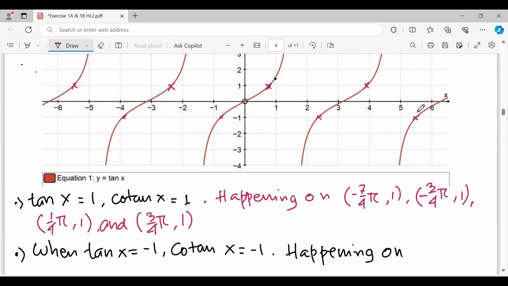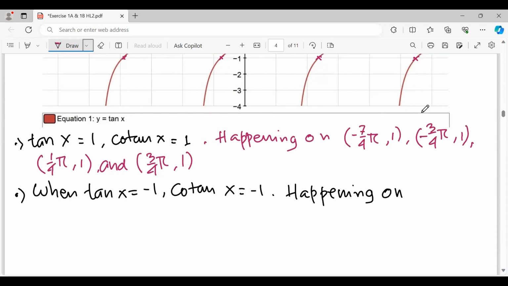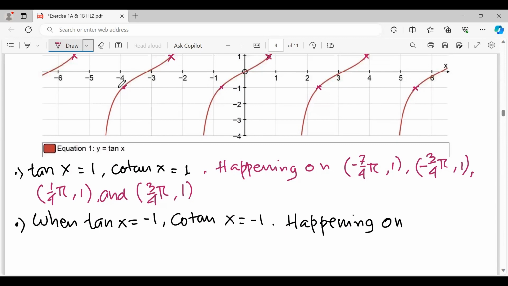So firstly this one, minus 225, it means -5/4 pi, comma negative 1.